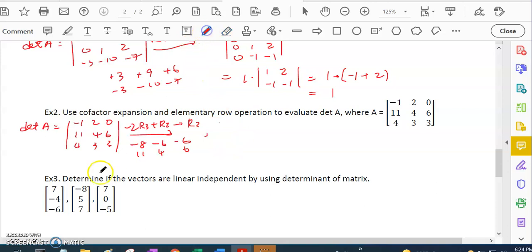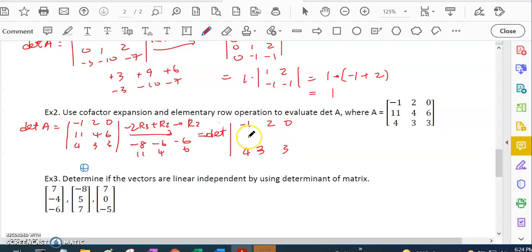So you go to the determinant of row 1 is the same. The second one is what I use. So you see I use row 3, so I don't change row 3, right? 4, 3, 3.